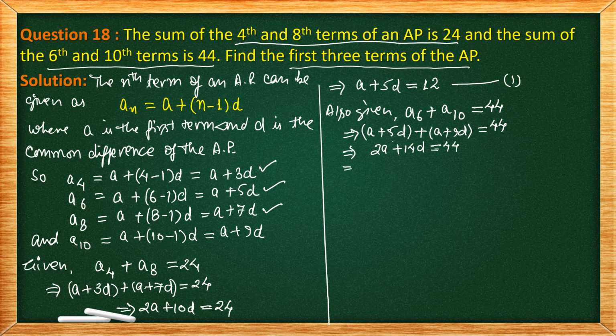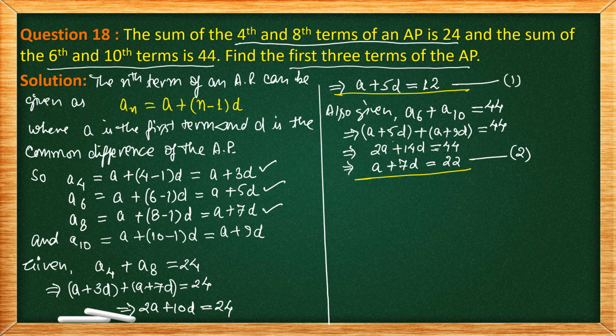Now here again we can see 2 is common on both sides, so we can divide both sides by 2. So we will have a plus 7d is equal to 22. This is equation 2. Now we have two equations, a plus 5d is equal to 12 and a plus 7d is equal to 22. From here we can find out the value of a and d.